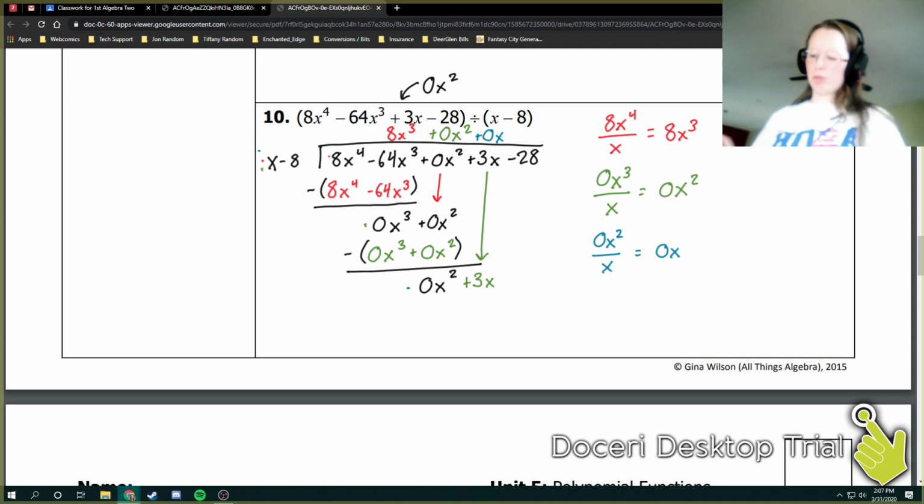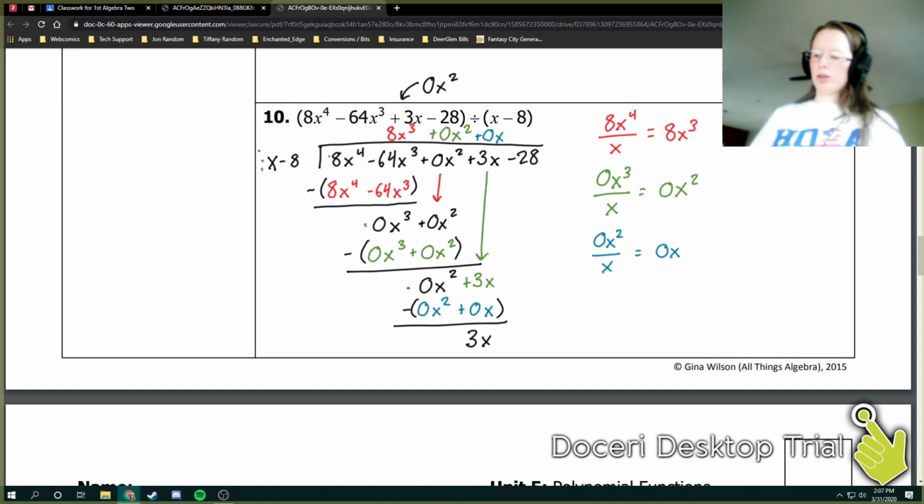Alright, so then we multiply that through. 0x times x is 0x squared. 0x times negative 8 is a 0x. Okay. Then I'm going to subtract. And we've got 3x that survived.